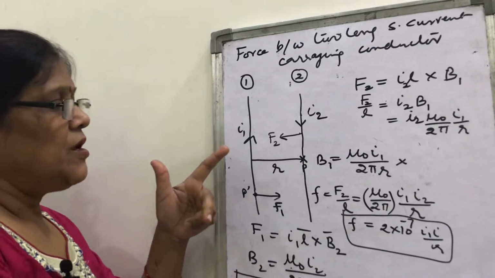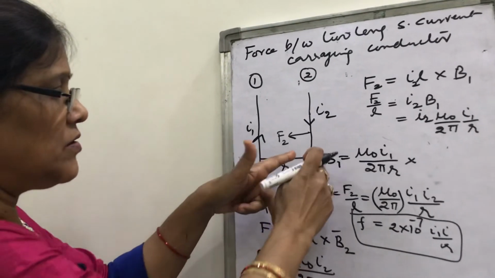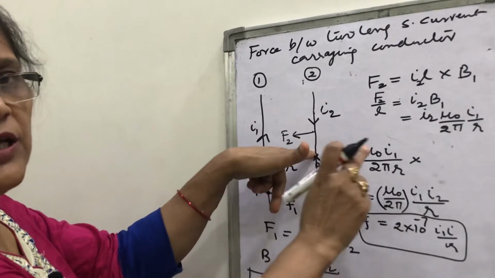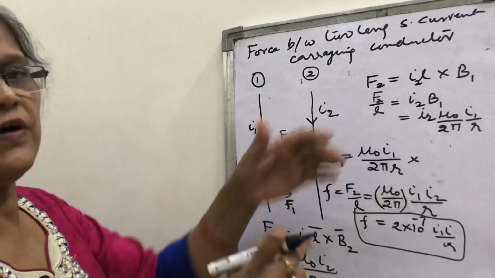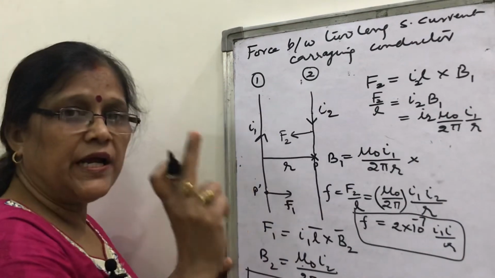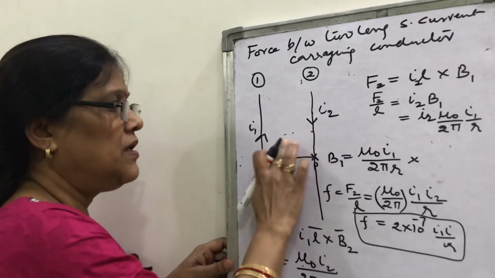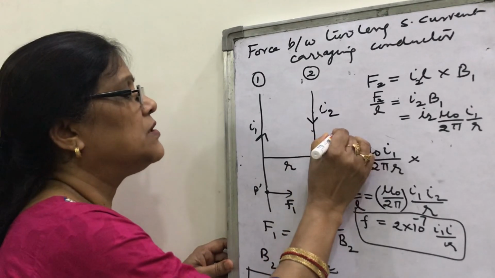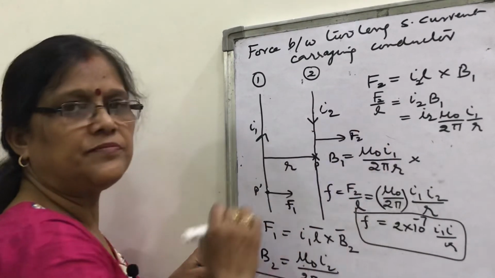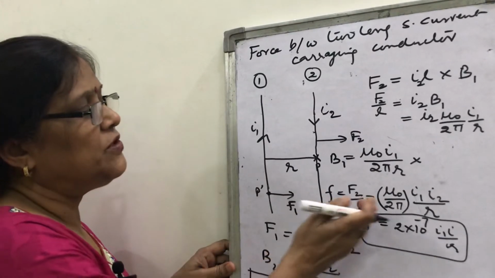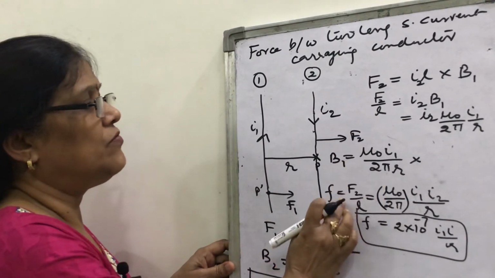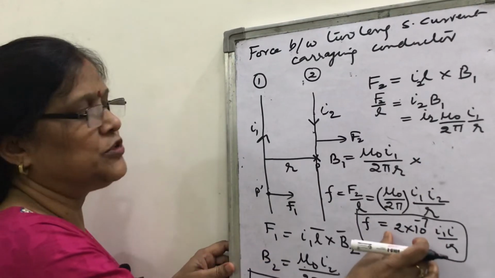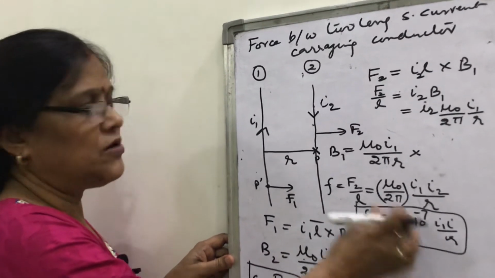Look, the magnetic field is cross but current is downward. Where will be the force? Where is the thumb? Away from the wire. So in the second case this F2 will act like this. Is it or not? Same expression you will get, put the value of F2 by L, and you will get this one, force per unit length. Now come to the first wire.